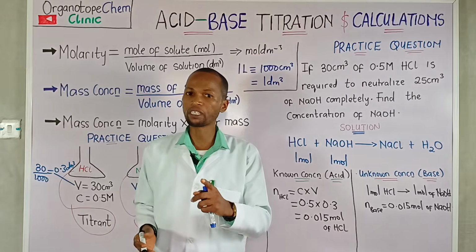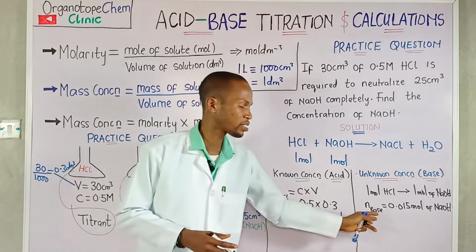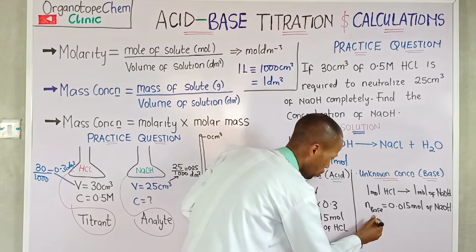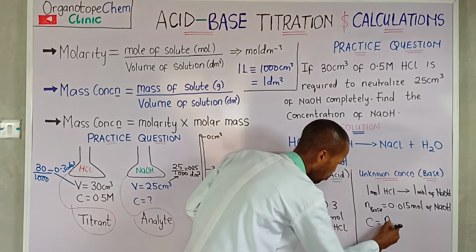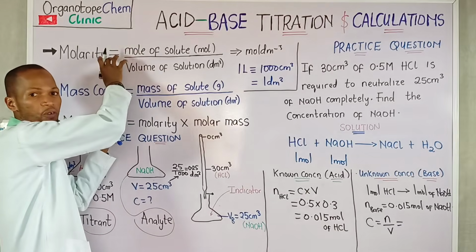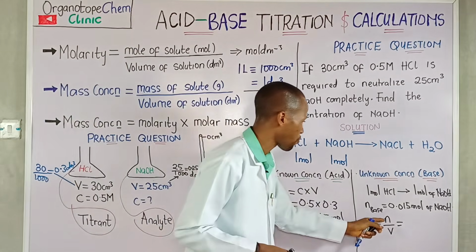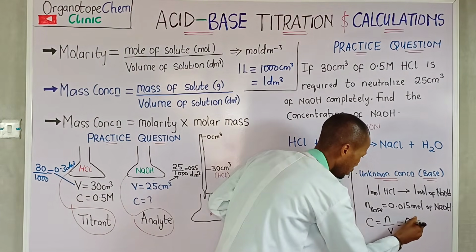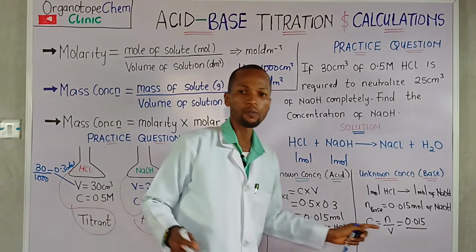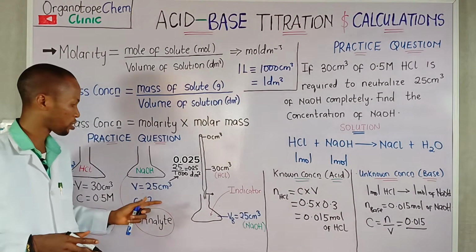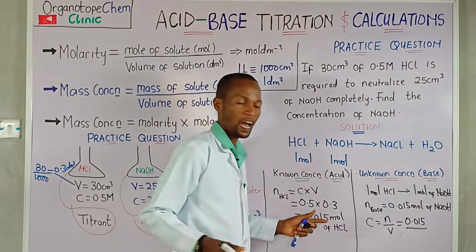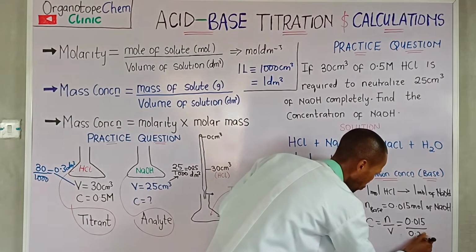Okay, now can we determine the concentration of sodium hydroxide? Since the number of moles is known, we have the concentration equals number of moles over volume. We are still considering this formula for molarity. So the number of moles is 0.015 over the volume of the base used in the titration, which is 0.25.